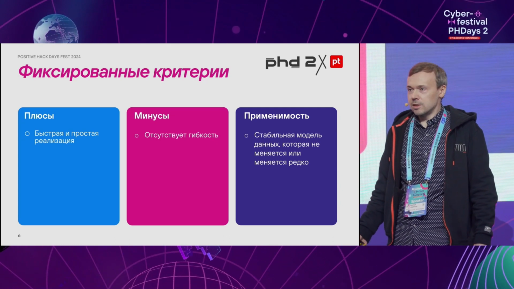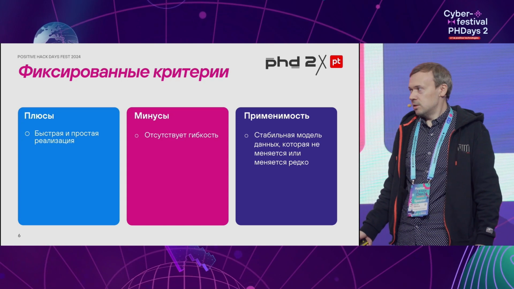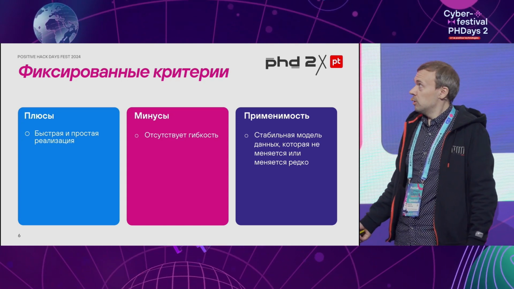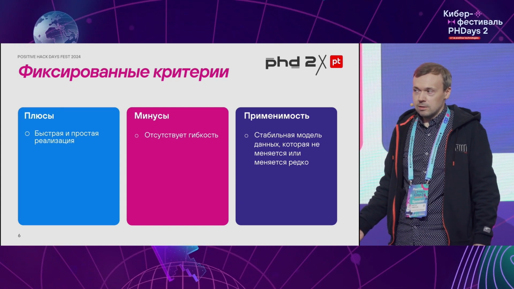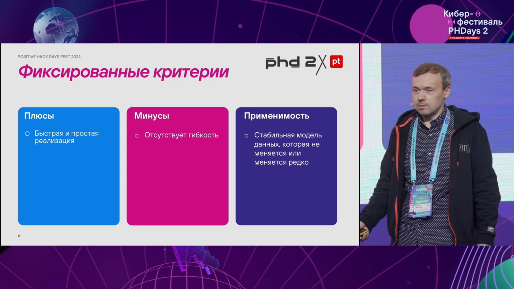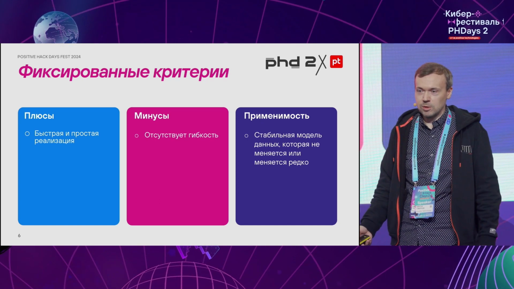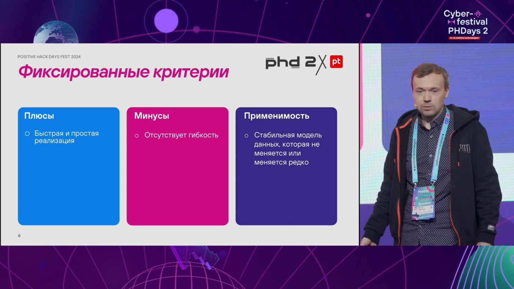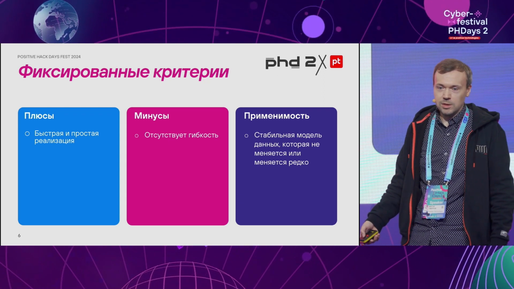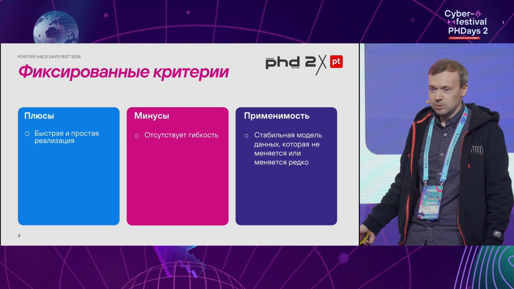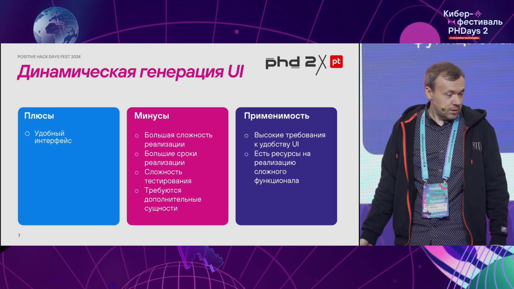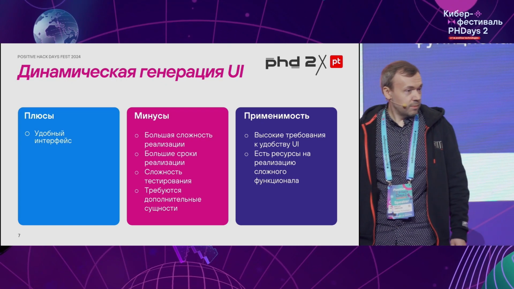It's better to use this approach when the data model is stable, static, or doesn't change very often. An example would be working with a client database where we can formulate that we want to query or filter by name, surname, maybe date of birth. But if we want to use an individual taxpayer number, we would have to change the code.